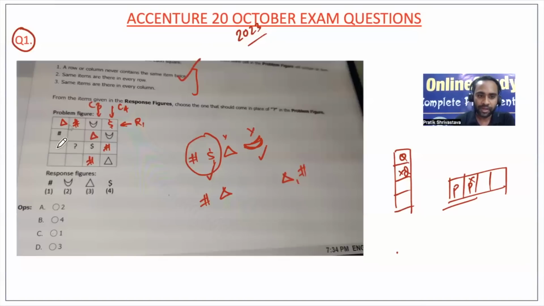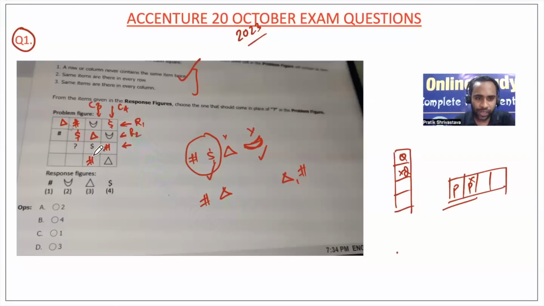Now, in row 2 we have moon, triangle, has. So dollar is remaining, dollar will come here. Then we have to find out this particular place.